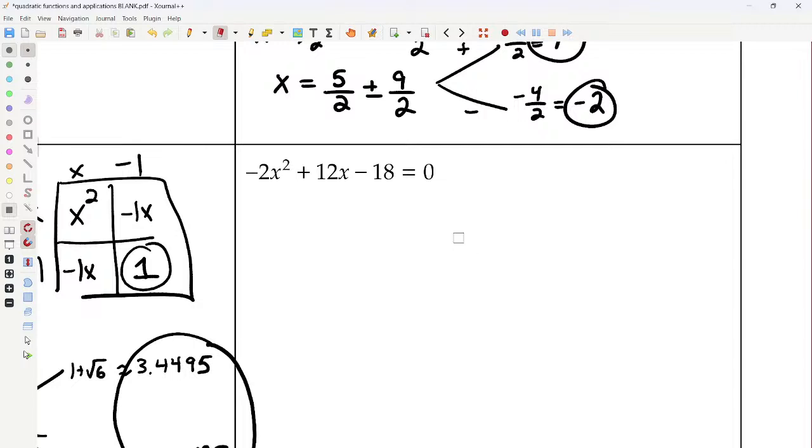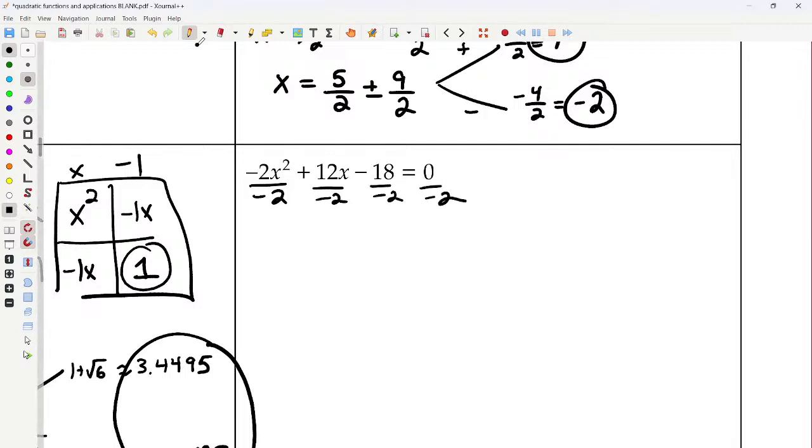What do you think we're going to do? Factor it out. Exactly. Even the next step after factoring out is just dividing everything by -2. Right. So we can divide everything by -2. And that'll take care of our issue.